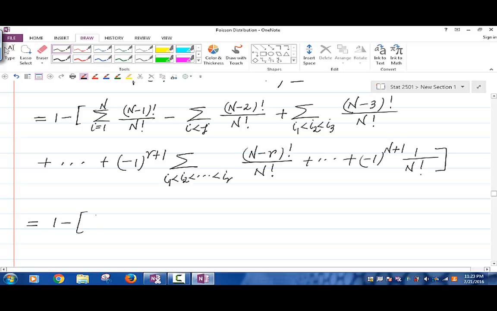So one way to think about it is N choose 1, and so I have (N-1)!/N!, minus the second sum.